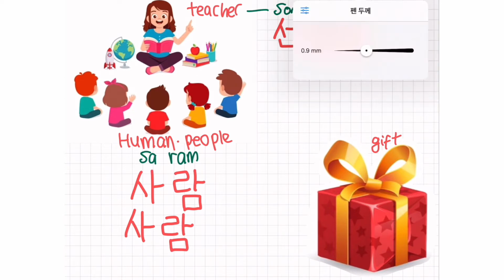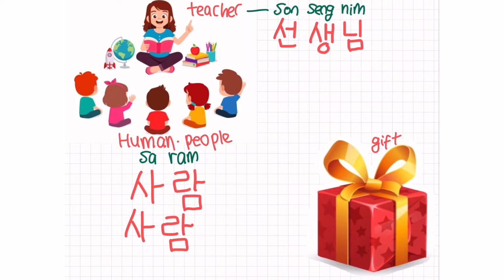Gift. We have a gift over here, and it's going to be written 선물. So, 선, 시옷, 는, 물, 미음, 리을, 선물.